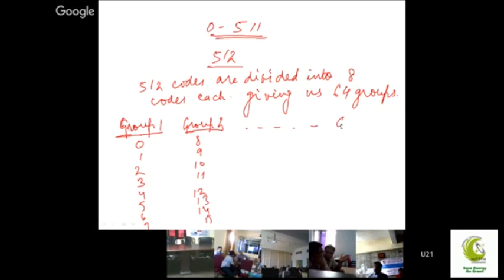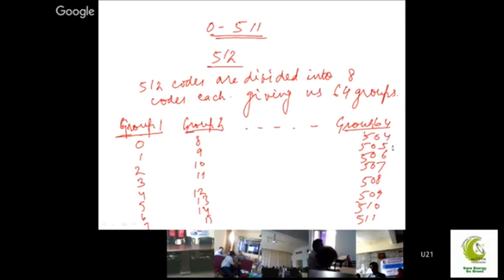Similarly, so on till group number 64, which will be 511, 510, 509, 508, 507, 506, 505, 504. So accordingly, these groups are divided, and each group contains 8 codes assigned for each cell.